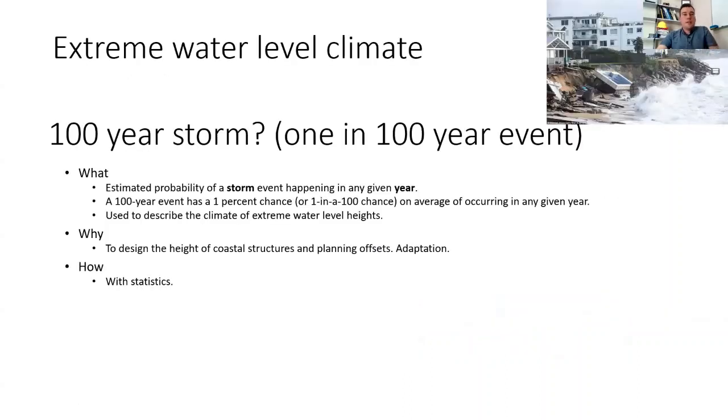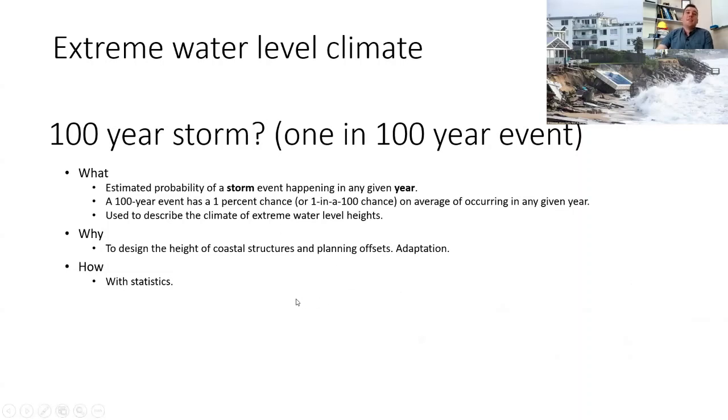So the Canute tools really tell you about extreme water level climates. You've probably heard of the term, a 100-year storm event, which really is used to describe extreme water level climate. So a 1 in 100-year event. What is it? It's an estimate of the probability of a storm event happening in any given year. So a 100-year event has a 1% chance, or a 1 in 100 chance on average of occurring in any given year.